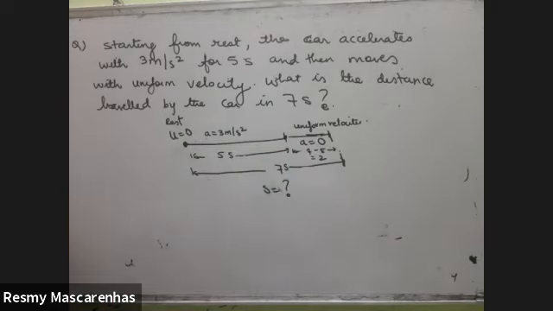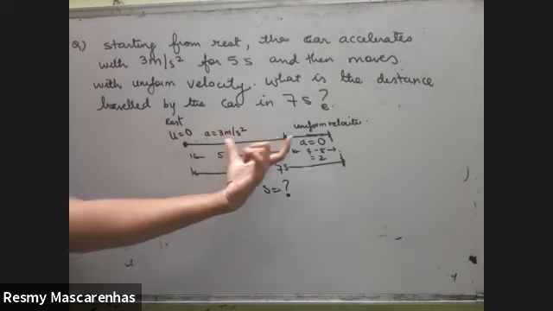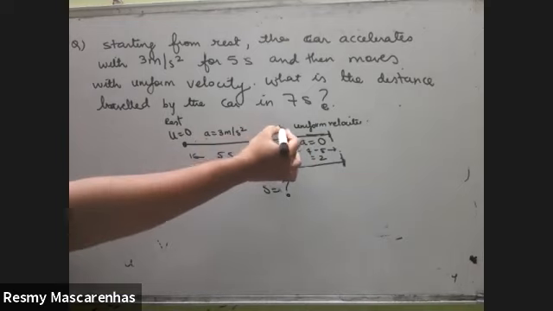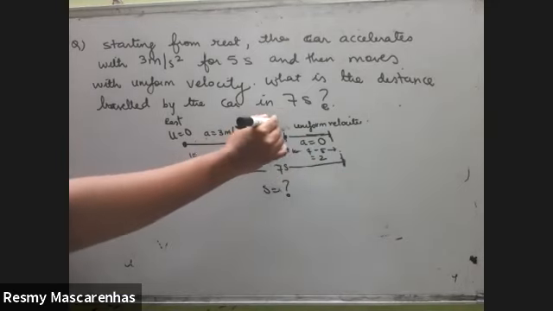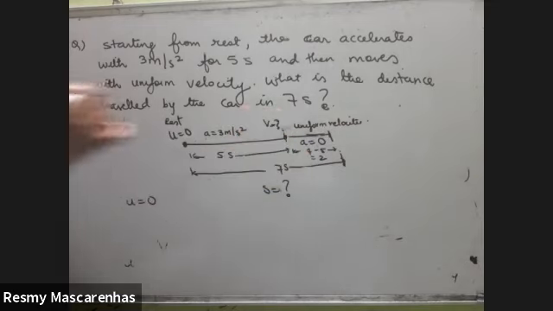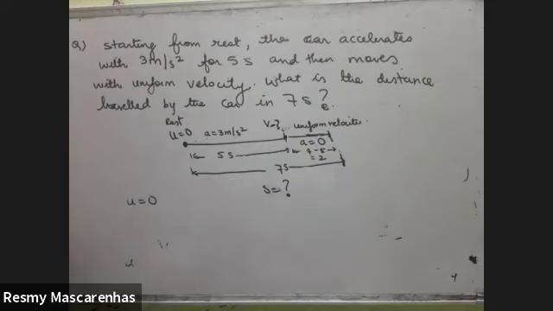We'll start calculating for the first part. In parts, we'll have to calculate. So for the first part, u is 0. V we don't know, at what speed it is going just before the uniform velocity part. Acceleration we know now is 3 meter per second square. Here we don't have to do any conversion.